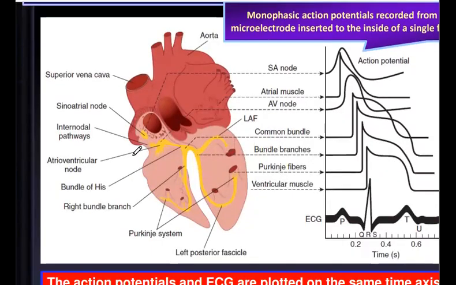So you know that this is the SA node. We have the SA node, and we have the AV node here. This is the bundle of His and Purkinje fibers. All those things are available. The current starts from here and is received by the AV node, then goes from the bundle of His to the Purkinje fibers.